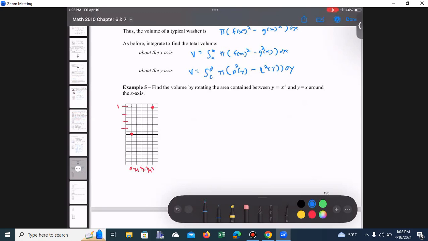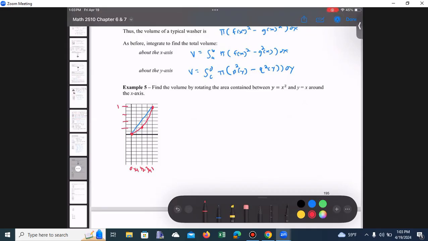The y equals x is pretty straight, whereas if we look at 1/2, for instance, 1/2 squared is 1/4. 3/4 squared is 9/16, which is just after 1/2, about somewhere along here. So it looks like this.